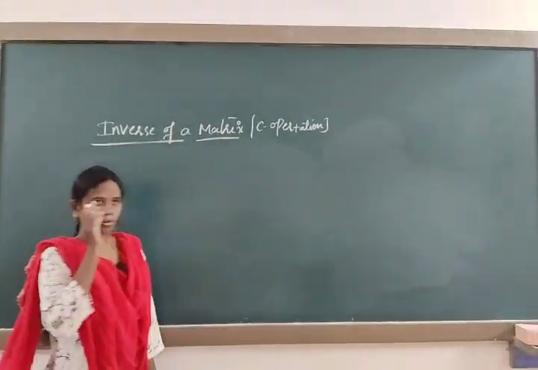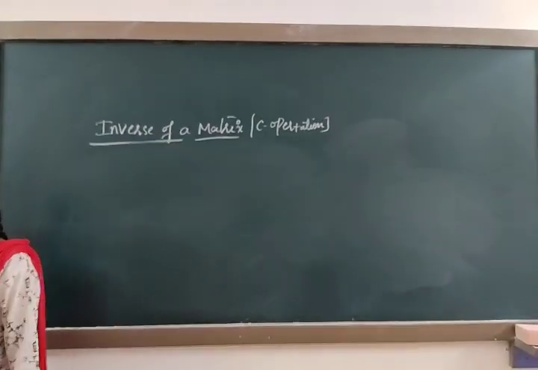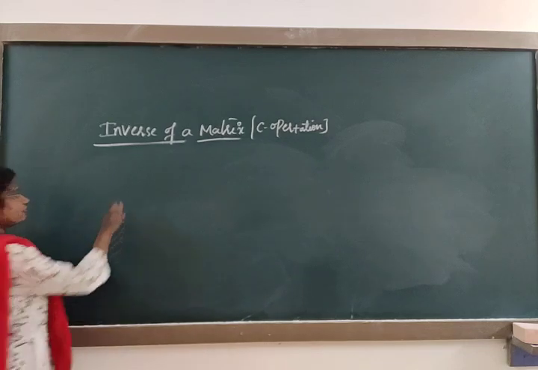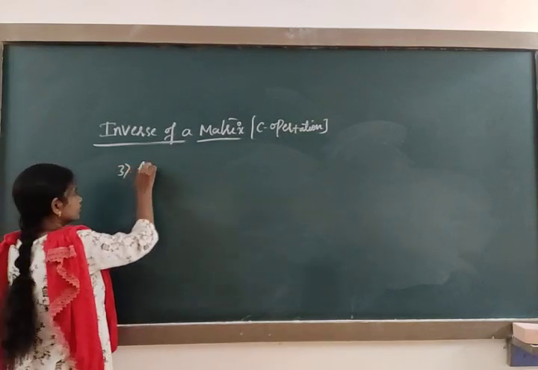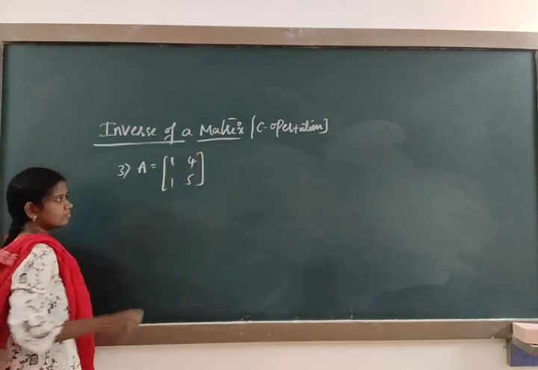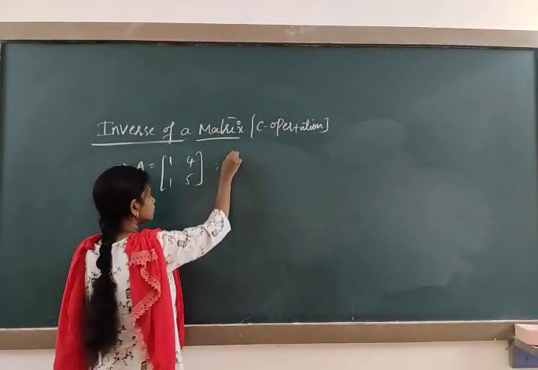So take one more problem from the last session. What was the last session problem I gave? 1 4 1 5 I gave. The inverse for this in the last session we got.